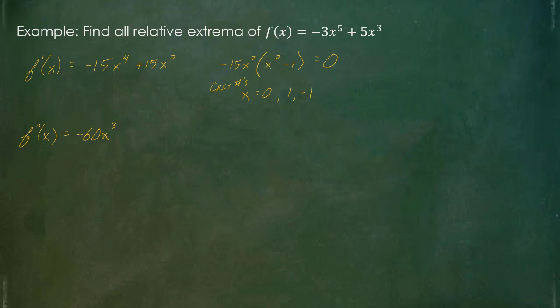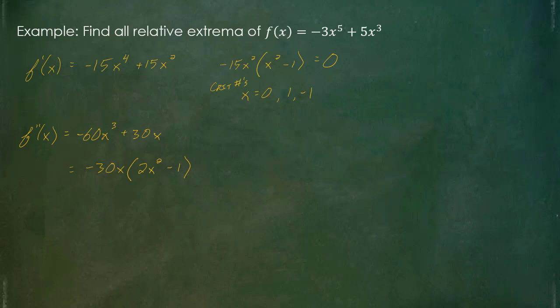And then 2 times 15 would be a positive 30x. Again, similar situation here, I may as well factor it. That's going to come back as a negative 30 that I can take out, along with an x. And then on the inside, that would leave a positive 2x squared, or yeah, x squared, then minus 1.